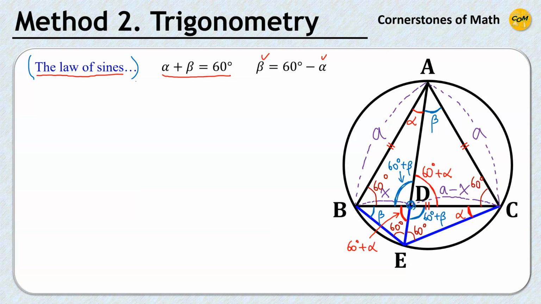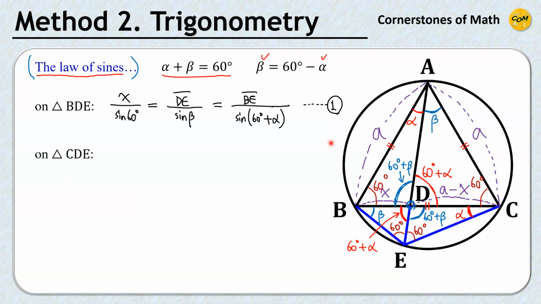So now let's apply the law of sines. We actually have multiple triangles here. First, if we apply the law of sines on triangle BDE, then we have the length x, which is BD, divided by sine 60 degrees equals DE over sine beta equals BE over sine of 60 degrees plus alpha.